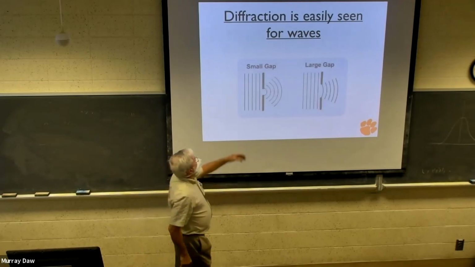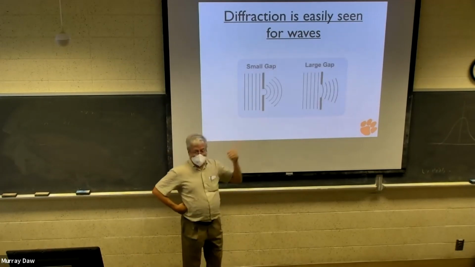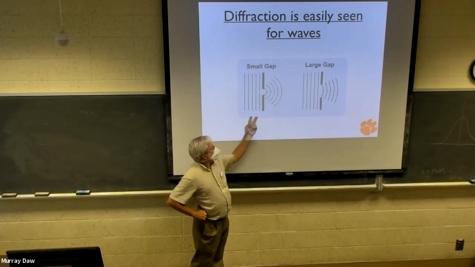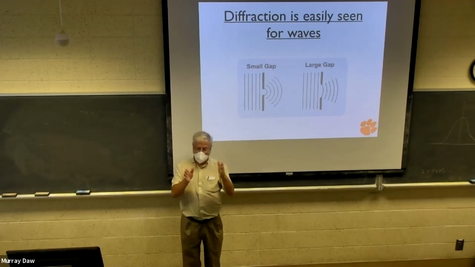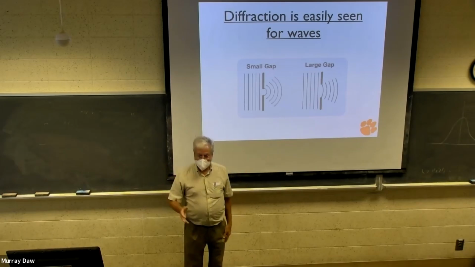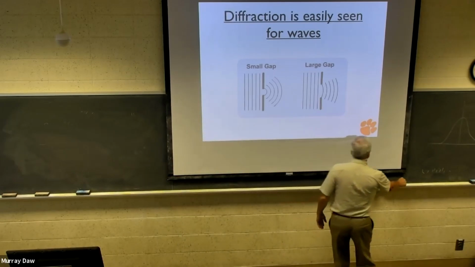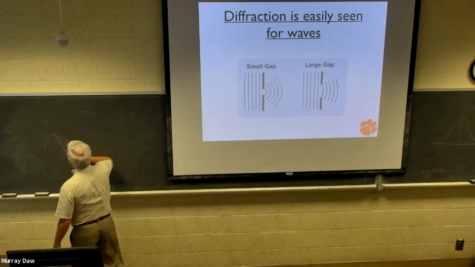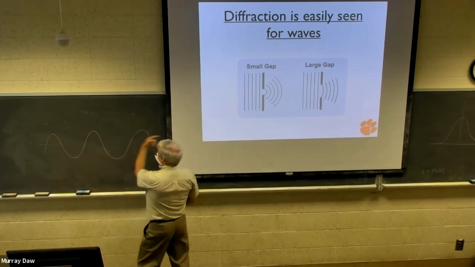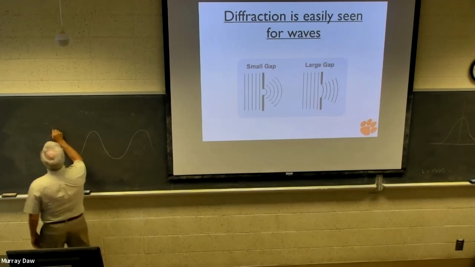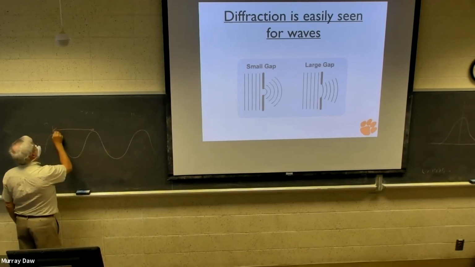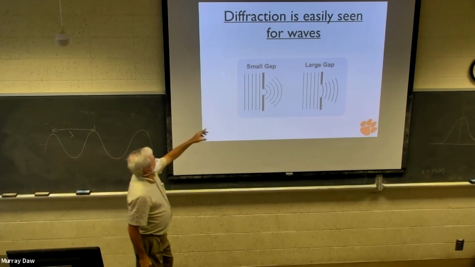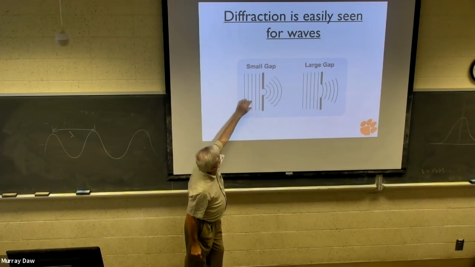What happens with the diffraction depends on two factors. The waves have a distance from crest to crest, called the wavelength. The water waves are traveling, say, this way. This distance we call the wavelength, the distance between crests.